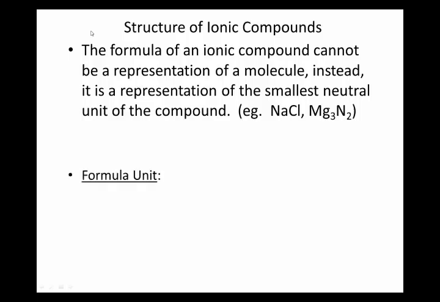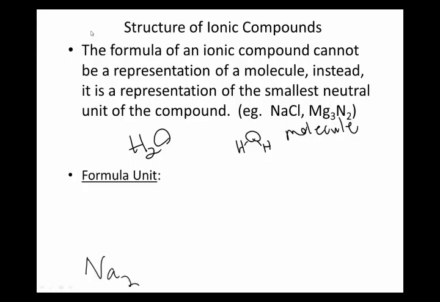So whereas water is the formula, and if you have just an oxygen and two hydrogens, you call that a molecule, the analog for an ionic compound, for example sodium sulfide, is the unit that is one sulfide ion and two sodium ions.